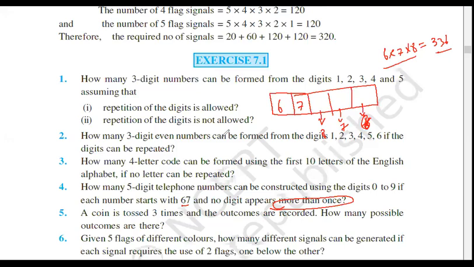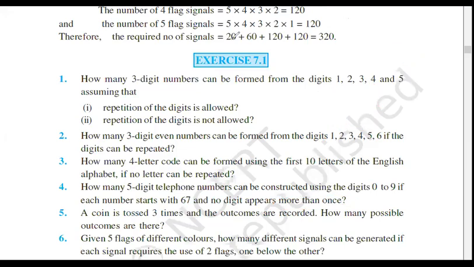First and second is already fixed. Okay, got it? Very good, everyone.